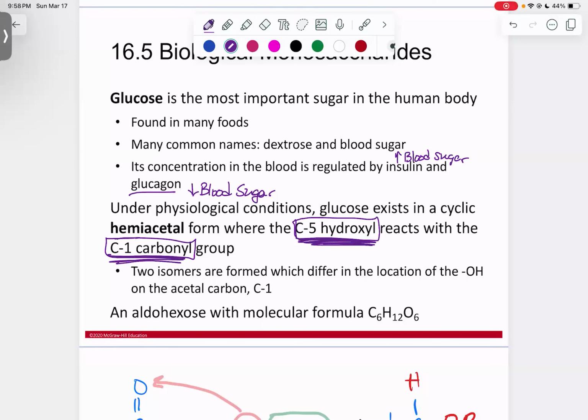And I'm going to show you this in a drawing in just a second. Because of the way this forms, there are 2 different isomers that once it's cyclic can exist. And it all depends on the location of the hydroxyl on the acetal carbon. So I'm going to show you some drawings.